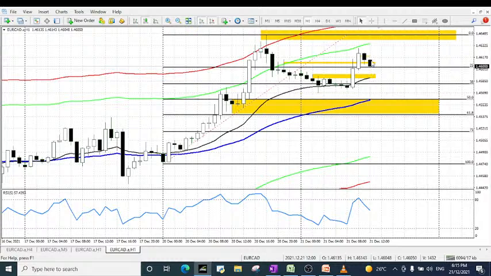But now we are starting to come down. So what might happen is that we might get something like this. We might get a candle like this, then maybe get a bullish one.